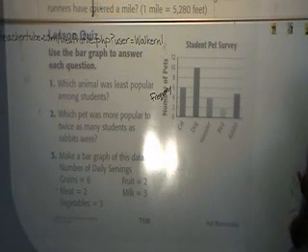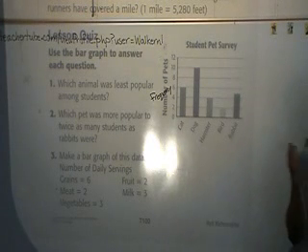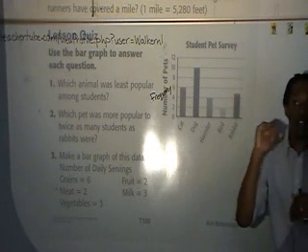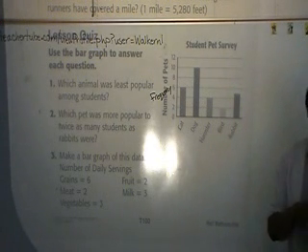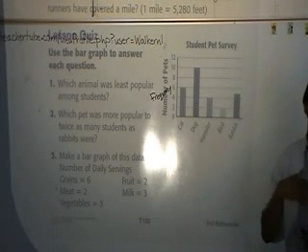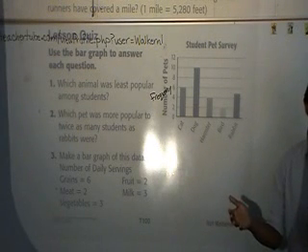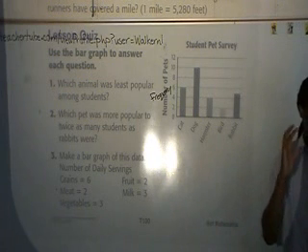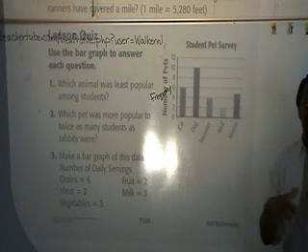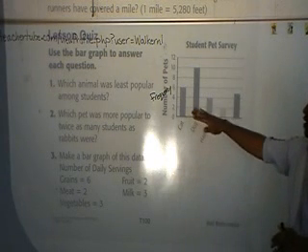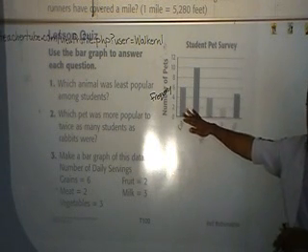And remember that for your project, you get the choice to choose from a numerical question or a categorical question. So if your question is a categorical question, you can collect your data on a frequency table, and then you can display your data with a bar graph.